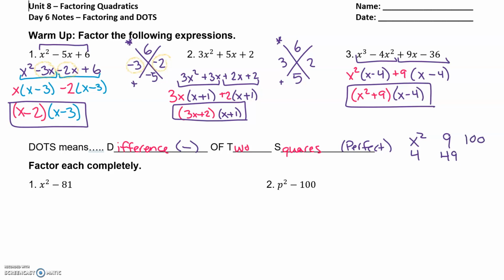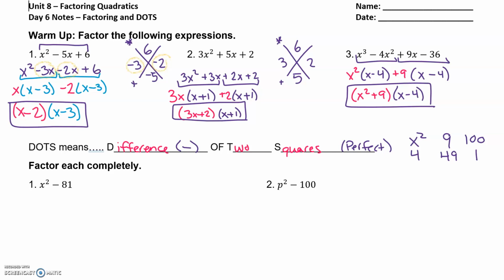Let's even write down 1. These are all numbers or terms that are perfect squares. That means there are two numbers exactly the same, or two variables exactly the same, that when I multiply them together, I get those terms. So I'm going to need those important terms in order to do a DOTS problem.